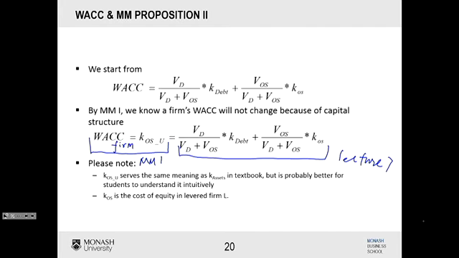But in the levered firm, that's slightly different, so that's what we're going to see. Cost of OS, ordinary share, is the cost of equity in levered firm L. I try to emphasize this, and let's go on.